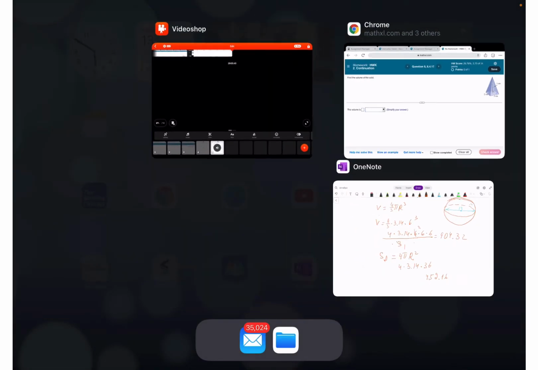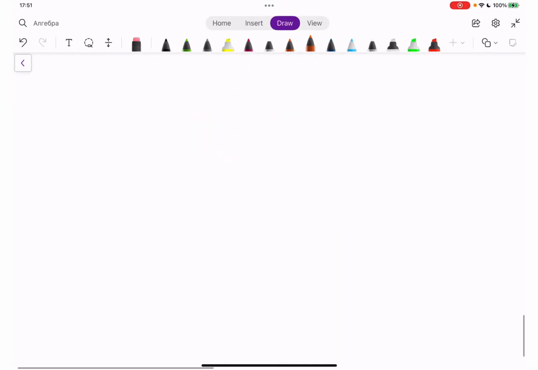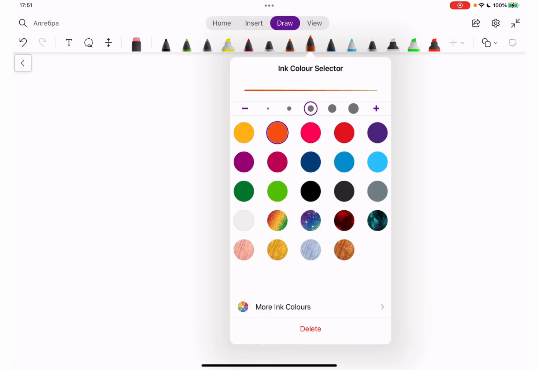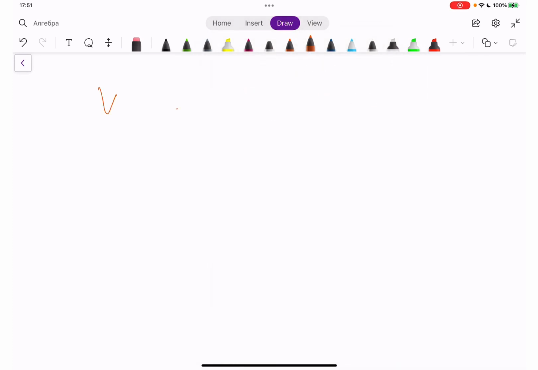Let me write down the formula. Volume for a square-based pyramid is going to be 1/3 S squared times H. Okay, why do we have S squared? Because the bottom is a square.